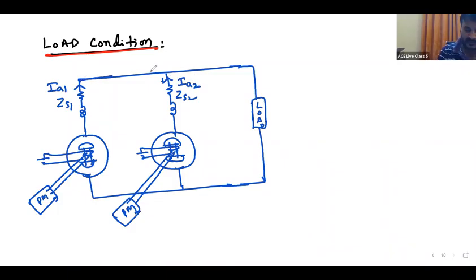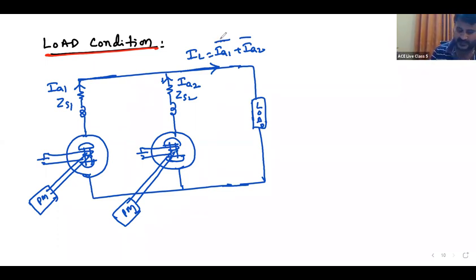Total current: IL is equal to IA1 plus IA2, of course the vector sum since both are AC currents. And this is E1, this is E2, and this is the terminal voltage V and frequency F.